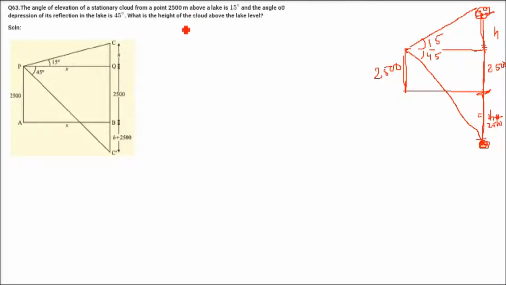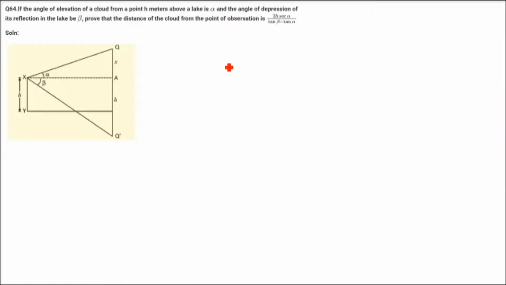Now coming to the triangles. Let us assume that the distance between them is x. First I'll take triangle PCQ. What do we get?